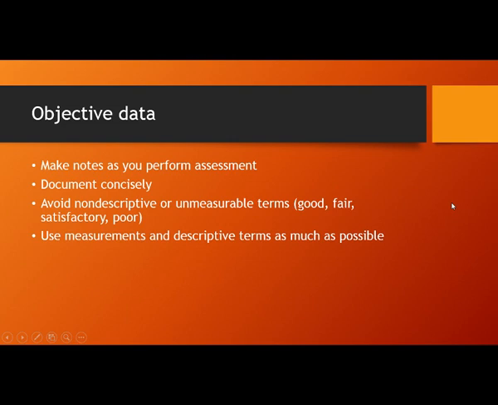For objective data, you're probably going to have to make some notes as you do your assessments, because you'll probably not be documenting until sometime later. When you do start writing, document concisely and avoid non-descriptive or unmeasurable terms like good, fair, normal, satisfactory, poor. Use exact measurement or descriptive terms.